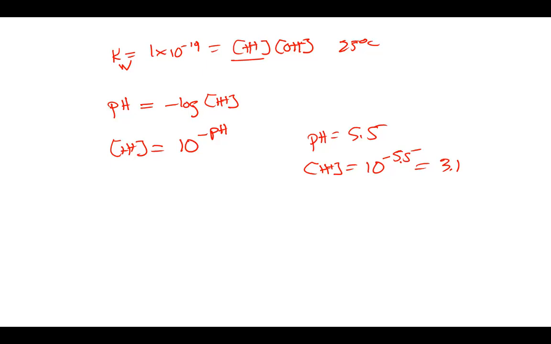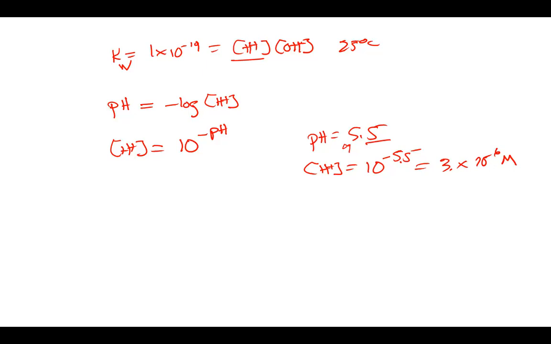We'll just say 3 then. 3 times 10. And you go, why is it one significant figure? It's only the digits after the decimal that are significant figures. This has to do with the power of the number, the digits to the left of the decimal. So really we only have one significant figure, so this would be 3 times 10 to the negative 6 molar hydrogen. That's the hydrogen ion concentration.